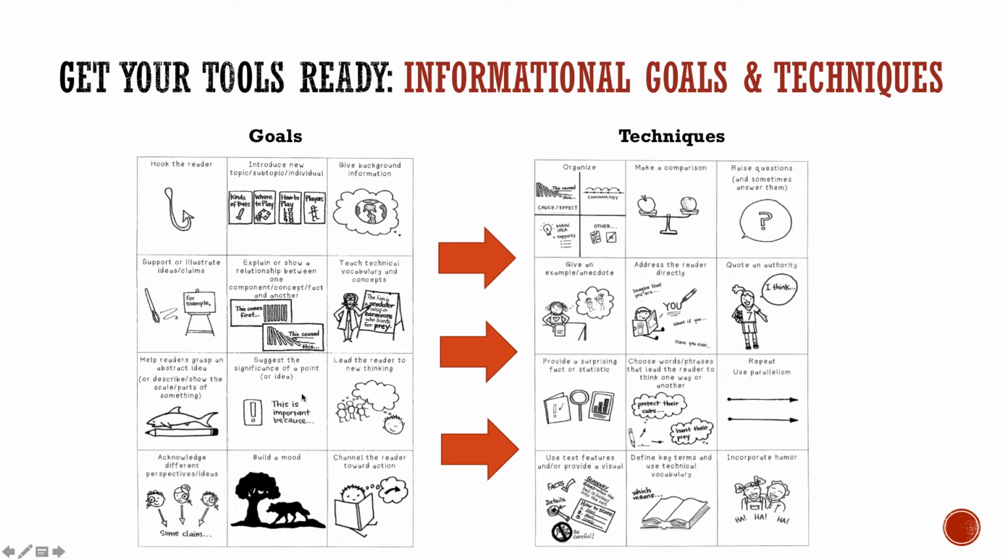If, let's say, you are trying to hook the reader, you could maybe give an example or an anecdote, like a little story, to maybe explain how a relationship between one thing connects to another, right? You could do that. You could quote an authority. Let's say if you are trying to help suggest the significance of a point or an idea, right? An authority is definitely going to help to show that. All right, the goals are going to lead you to techniques. Keep these handy because they can help you when you go to write.